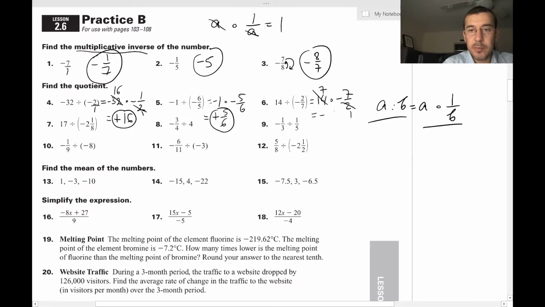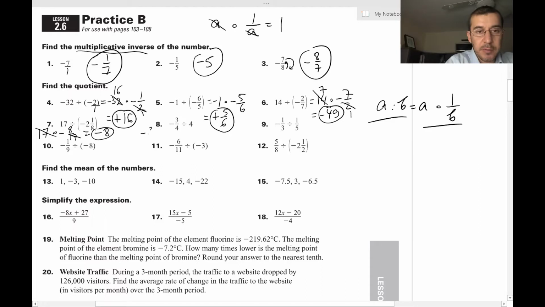So here we end up with -7 times 7 is 49, so -49. Number 7, we have 17 divided, multiplied by, now 2 times 8 is 16 plus 1 is 17. So this is actually -17 over 8. So this is going to be -8 over 17. Okay. And 17 cancel out, so we end up with -8.